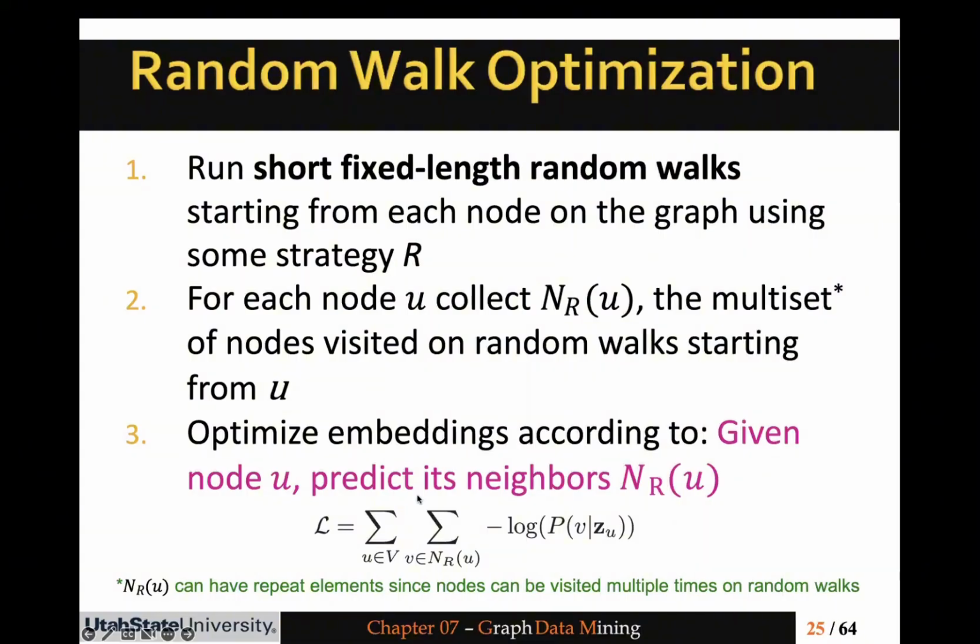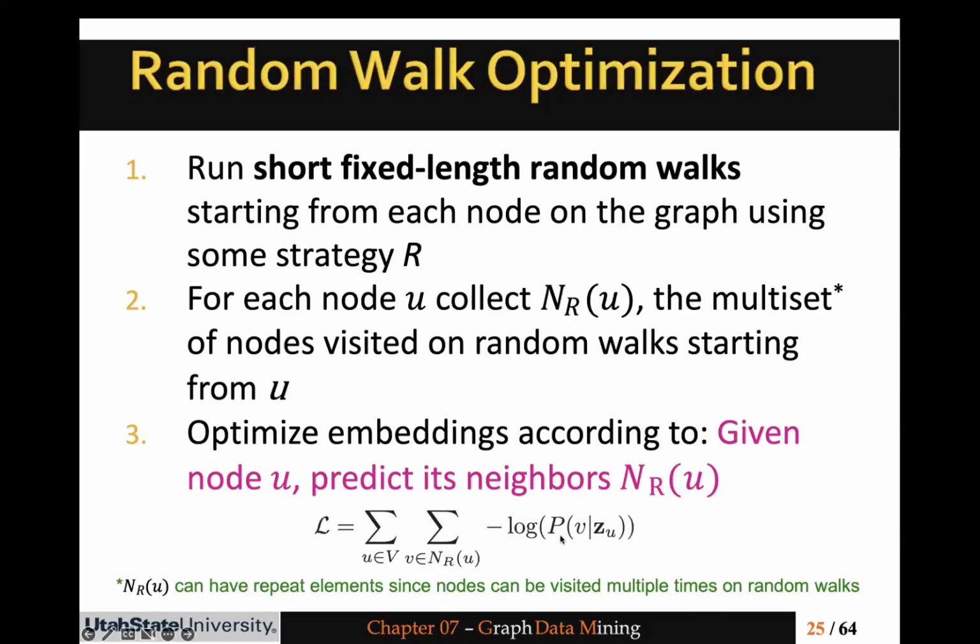I will iterate through all the U's, or all the nodes that I have in my vector set V. For every single U, I'll pick only the V's that I encountered during the random walk, which is N sub R of U. As I mentioned, I do not need to encode information between U's and V's that never appear together in the random walk. So for every single node in my vector set, and for every single node that has been encountered from that initial node U, I would like to minimize the following log here.